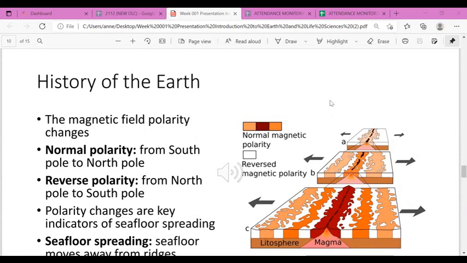Okay, so we have the magnetic polarity. Naalala nyo ba in what part of the Earth merong magnetic field? Boys and girls, based on our topic last discussion, nasaan po ang magnetic field natin? Yes, saan yon? Sa?